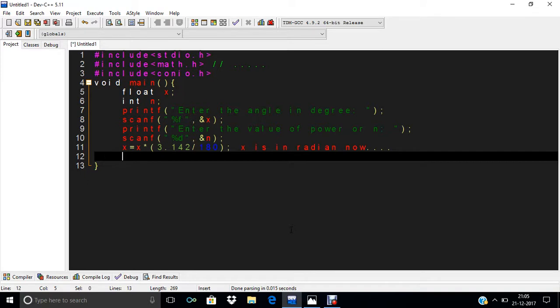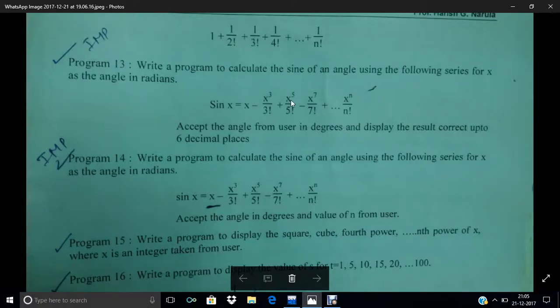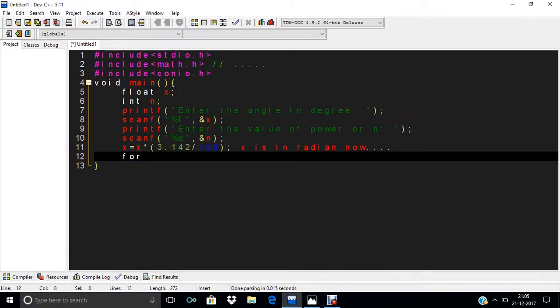Now we need a for loop. Why do we need a for loop? It's self-explanatory that it's going up to n. They haven't given us any limitations in the question, so for that purpose we have to use a loop. We can use any loop, it's all on you. You can even use a while loop or a for loop. I'm quite comfortable with the for loop, for i equals 3. You might be wondering why 3. Just wait a second, I'll tell you why.